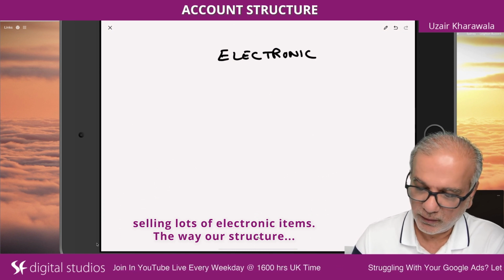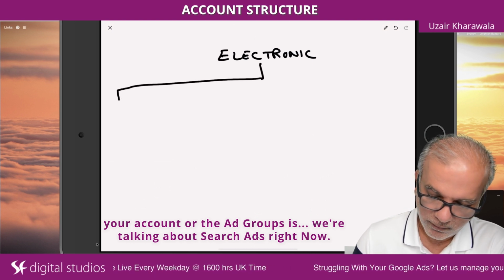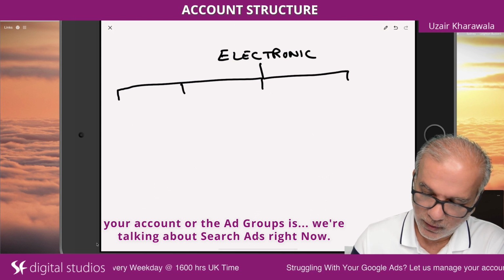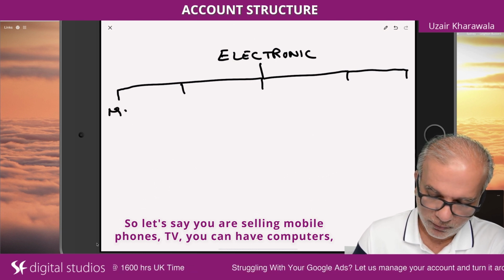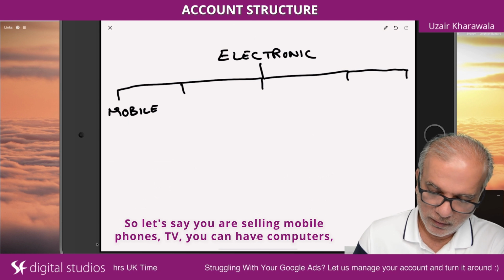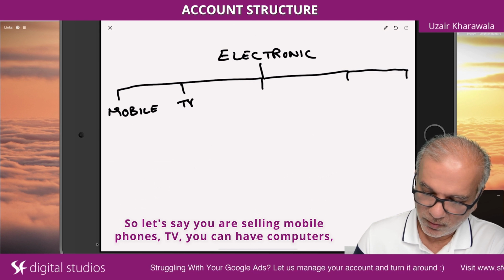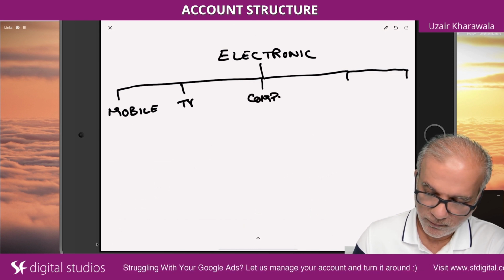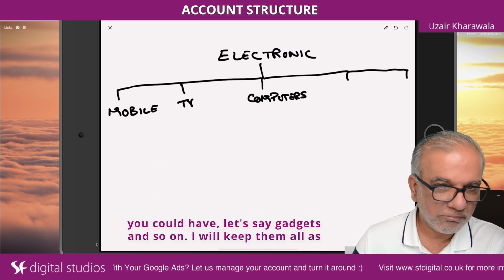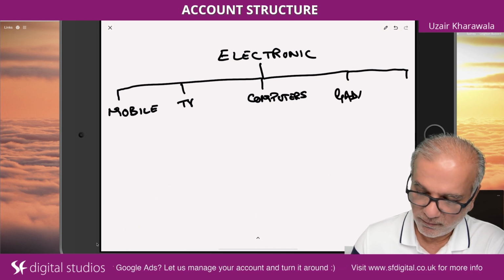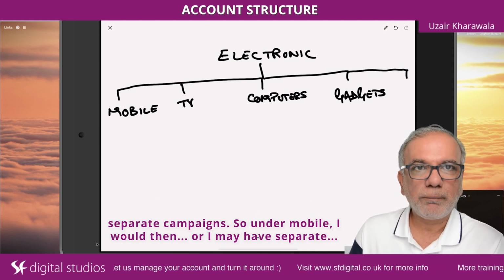So the way I will structure your account or the ad groups is, and we're talking about search ads right now, let's say you are selling mobile phones, TV, you can have computers, you could have, let's say, gadgets, and so on. So I will keep them all as separate campaigns.